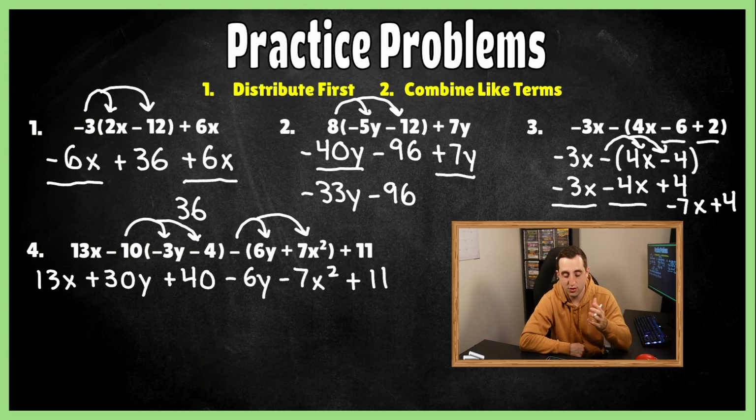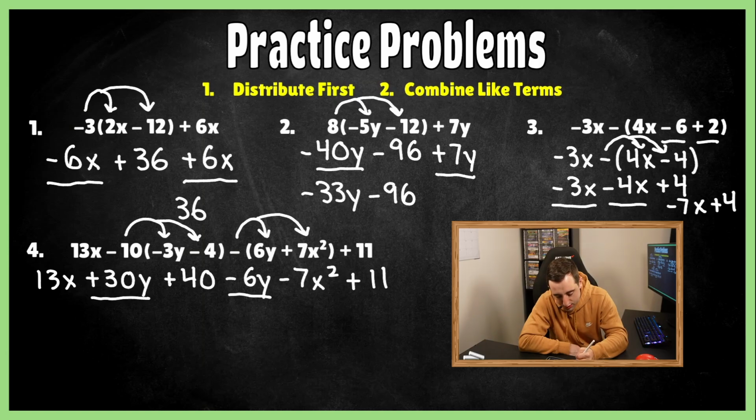And now let's check to see, do we have any like terms? And we do. We have a positive 30y, we have a minus 6y, and then we also have a plus 40 and a plus 11, so we have constants that we can combine together as well. It looks like for our x's, we can't do anything with them.